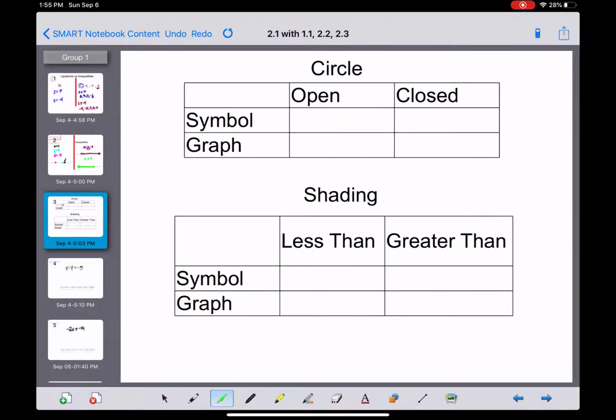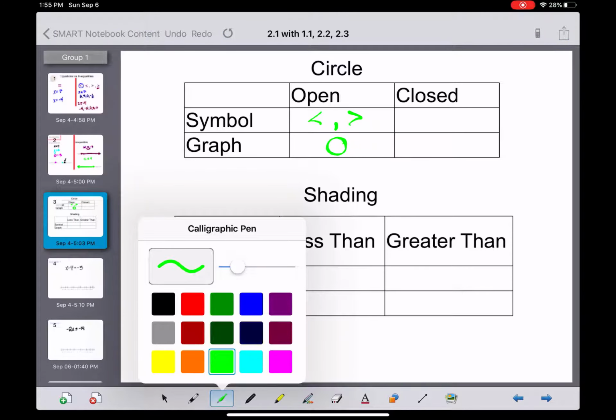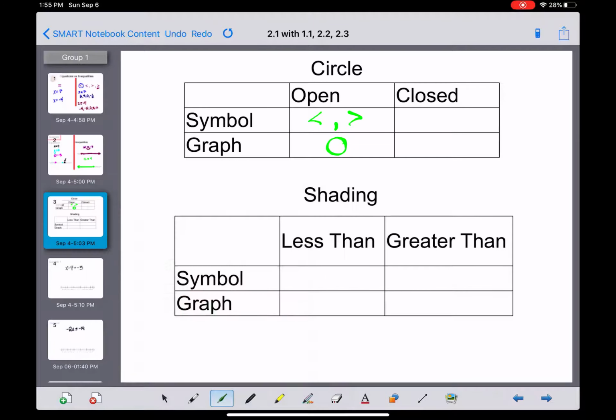So to sum that up, we're going to use an open circle when we come across the symbols of less than or greater than. Graphically, we represent that with a circle that is not filled in. Closed circles are used when an equal sign is there. So less than or equal to, greater than or equal to, or simply equal to.